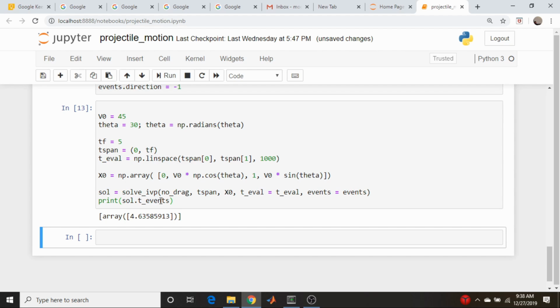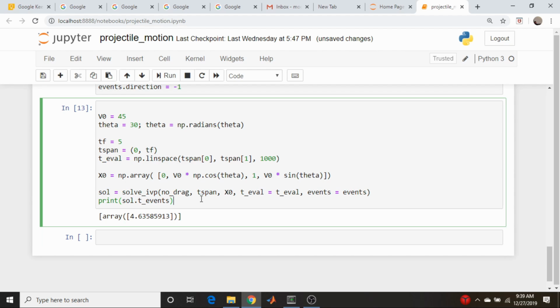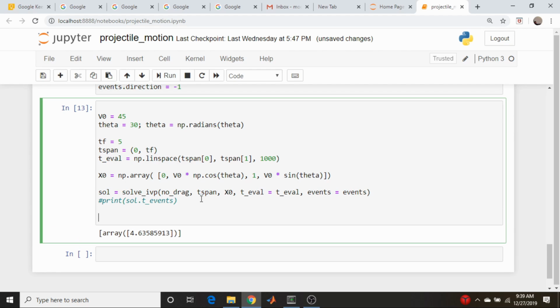Let's actually plot this out just to make sure it looks okay. It should be a parabola if we plot the x position on the x-axis and the y on the y. So let's do that. Let me just comment that out for now. I think I'll delete it in a second.